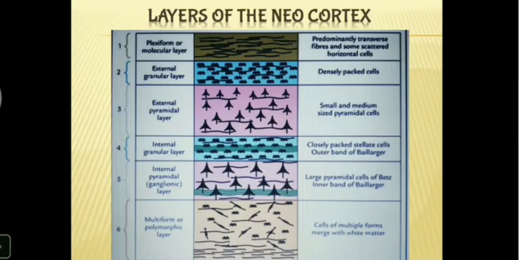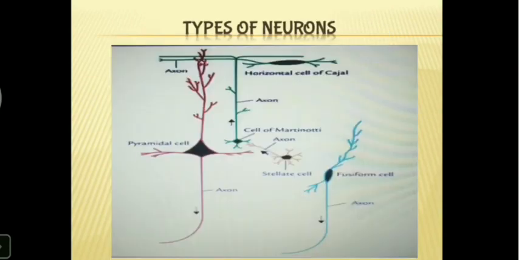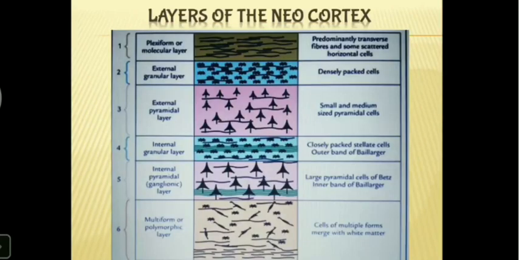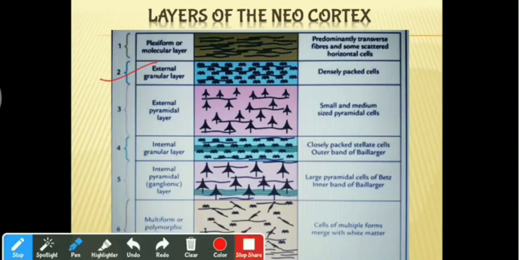So the plexiform or molecular layer consists predominantly of transverse fibers and some scattered horizontal cells of Cajal, and the external granular layer, which consists of densely packed stellate cells, and the external pyramidal layer, which consists of small and medium sized pyramidal cells, and the inner granular layer, which consists of closely packed stellate cells, and it contains a band of white stria called the band of Baillarger.